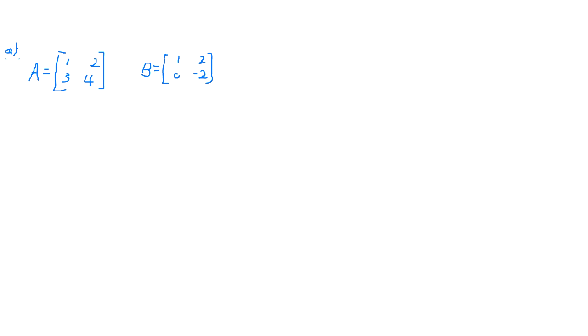So how did we get the matrix B? We did something on the matrix A to get the matrix B. We did a row operation on A to get the matrix B.